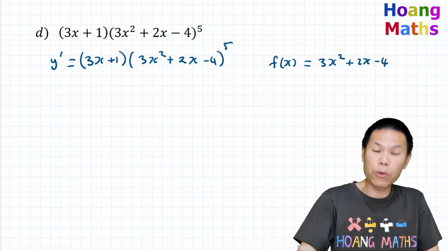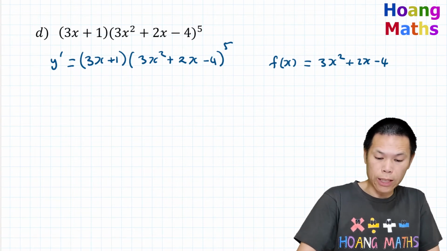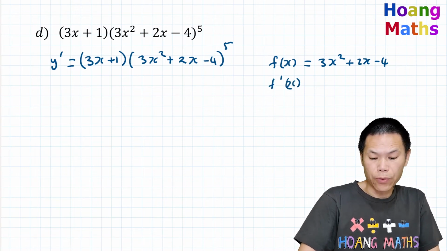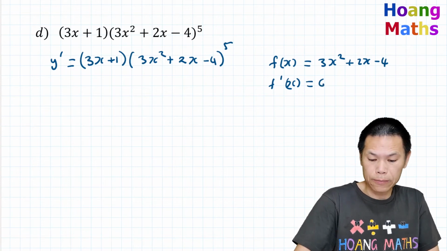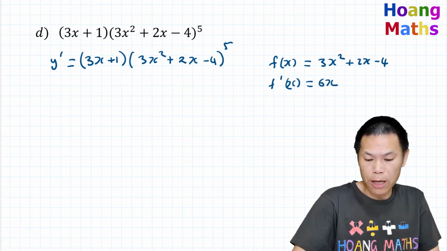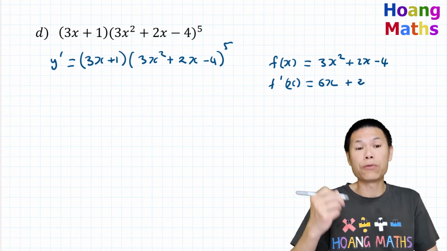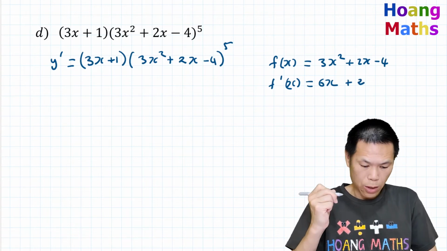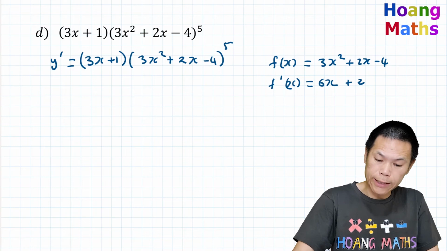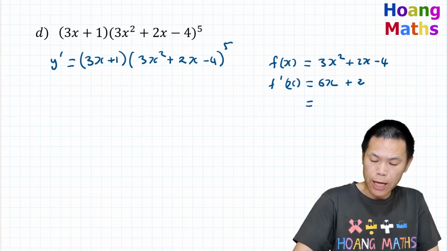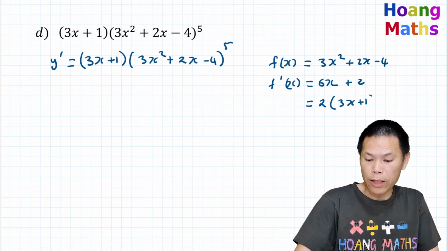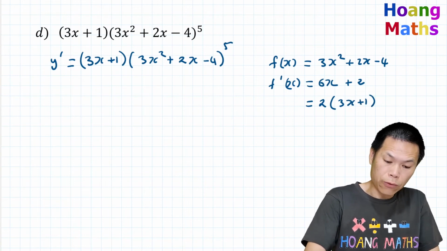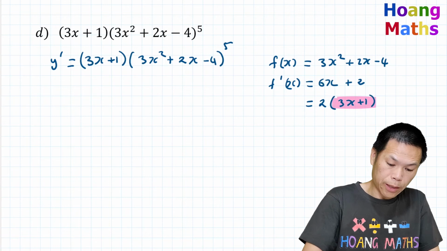So if we differentiate this, that is f'(x), and 3x^2 becomes 6x, and 2x becomes 2, and then we differentiate negative 4 is 0. So now if you think about it, I can take out the common factor. So that is 2 times (3x + 1). There you go.